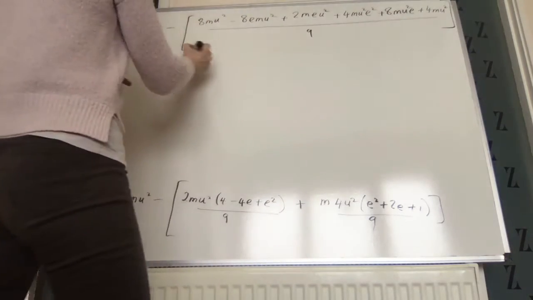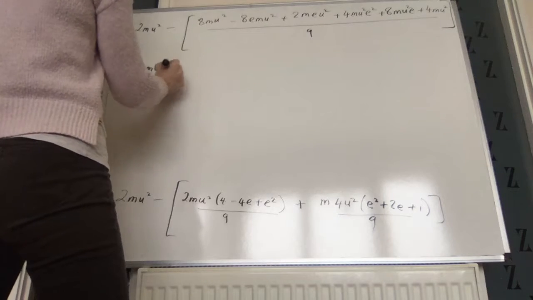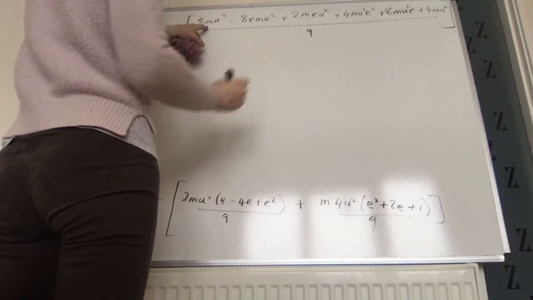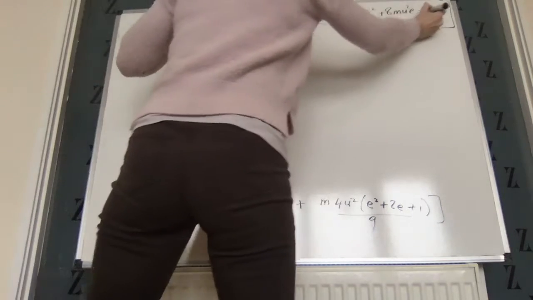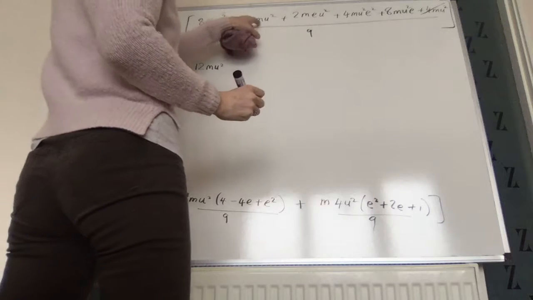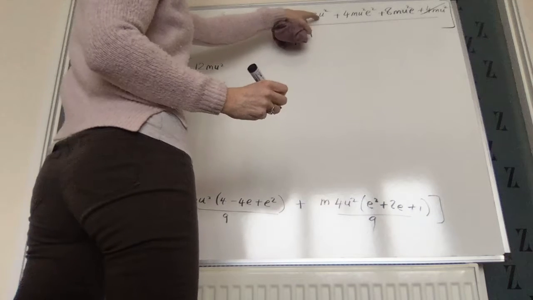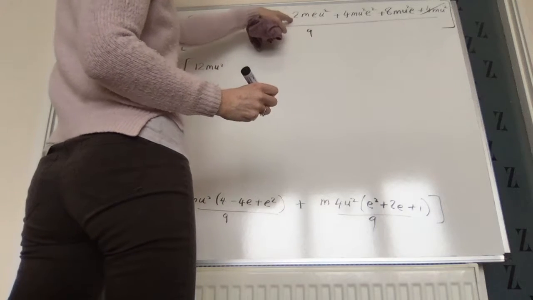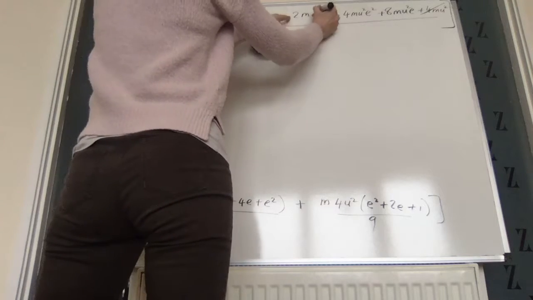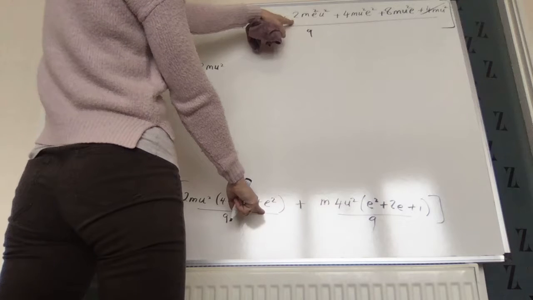So let's tidy the top bit. That is 2mu squared minus 8mu squared plus 4mu squared, that's 12mu squared, minus 8emu squared. There's another emu squared. Is that right? That should be a squared, it should be a 2mu squared e squared.